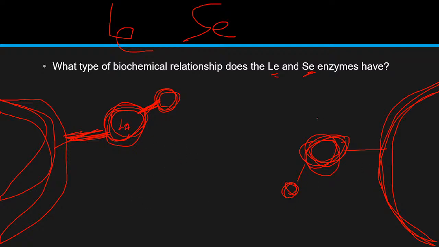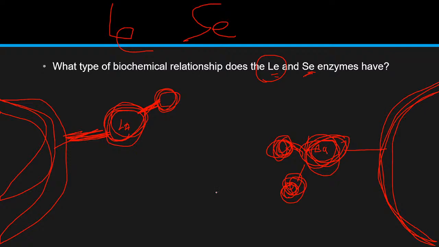Now, going back to this one, the H antigen promotes the action of the Le enzyme, which is the fucosyl transferase. Therefore, it will attach another galactose molecule, forming LEB.